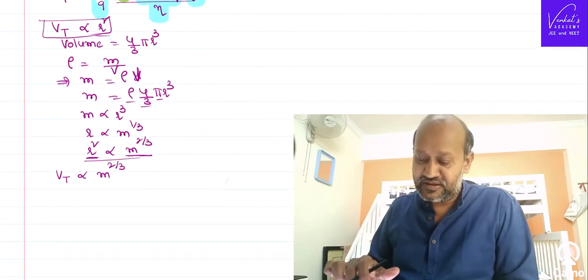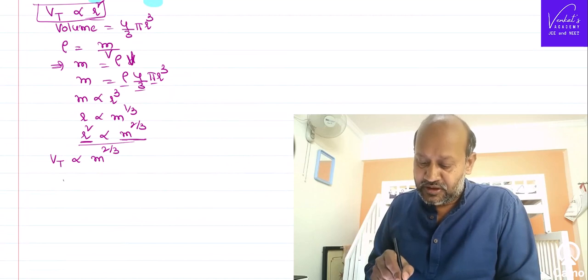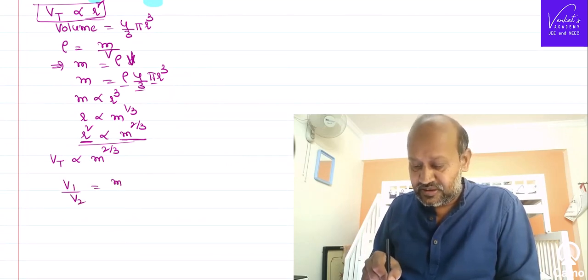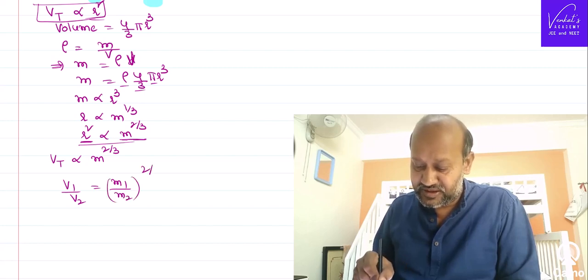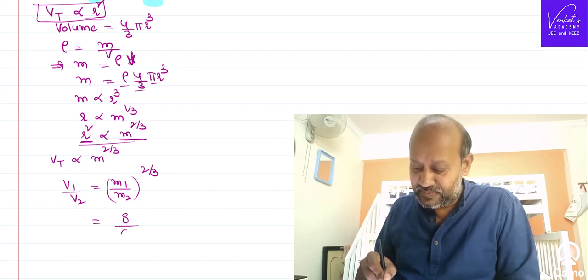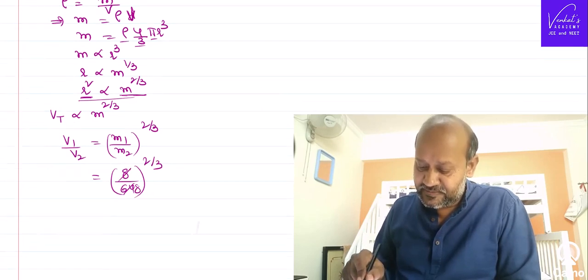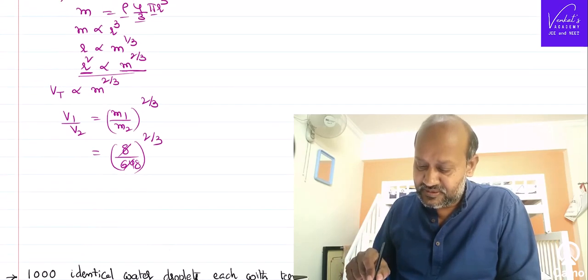Now what can we say further? Terminal velocity 1 by terminal velocity 2 is directly proportional to mass 1 by mass 2, whole power of 2 by 3. In our problem, mass 1 is given as 8 grams, mass 2 is given as 64 grams, power of 2 by 3. 8 eights are 64. So if you simplify this, what happens?